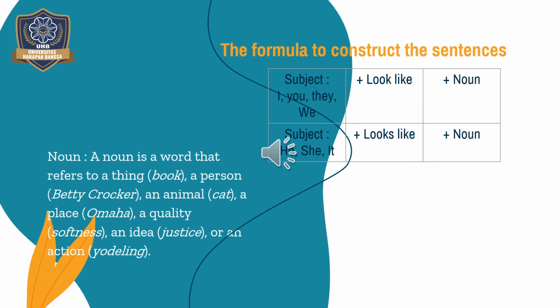To remind you again, a noun is a word that refers to a thing. For example, a book, a person, an animal. It can be a cat, a dog, a place, a quality, an idea, or an action.